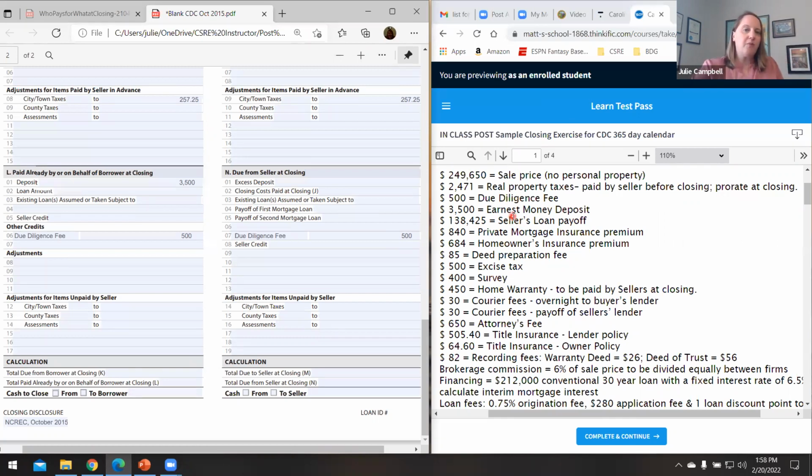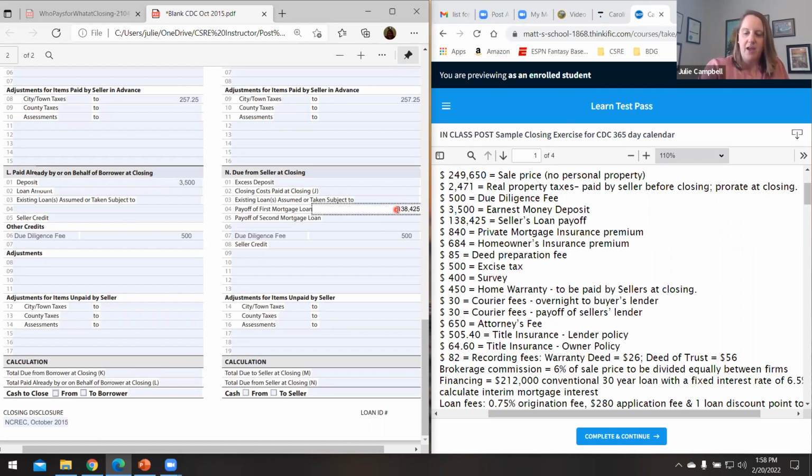So the seller's loan payoff, if you look under N as in Nancy, N4, pay off a first mortgage loan, and N5 is pay off a second mortgage loan. If you got a third mortgage, you do N3 and N6, pay off a third. The seller has to pay all that off at settlement so they can convey title. So the seller's loan payoff is a debit to the seller at closing.